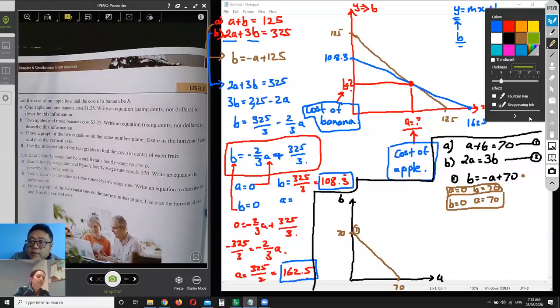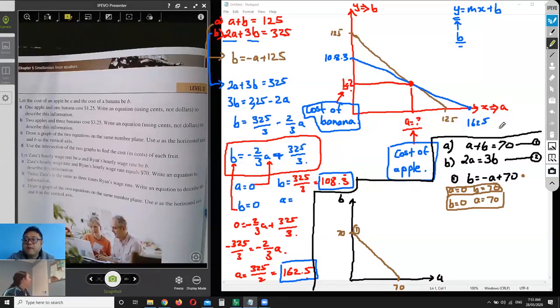Okay. We're going to do the same thing for the second one. What would be a strategy for getting this one? Are we still going to find B as a subject? Yeah, that's always a good way to go. Divide by 3.